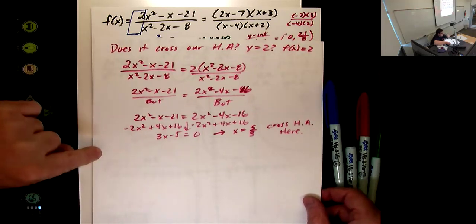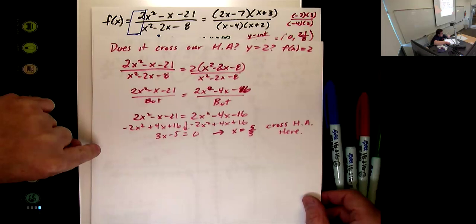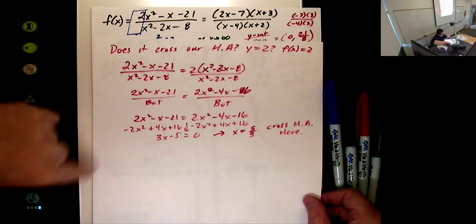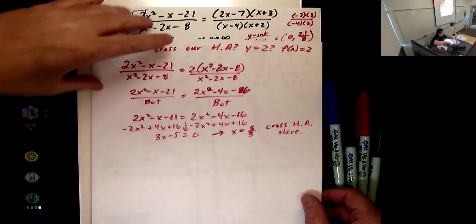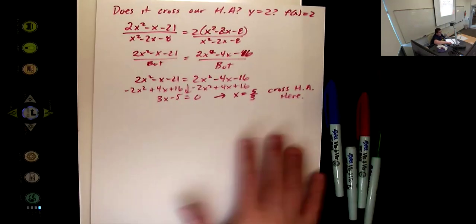The next one we're gonna do is the slant asymptote, which tends to have more crossings of the horizontal axis, if there is one, or more crossings of the slant asymptote. All right. So, introducing the last topic.